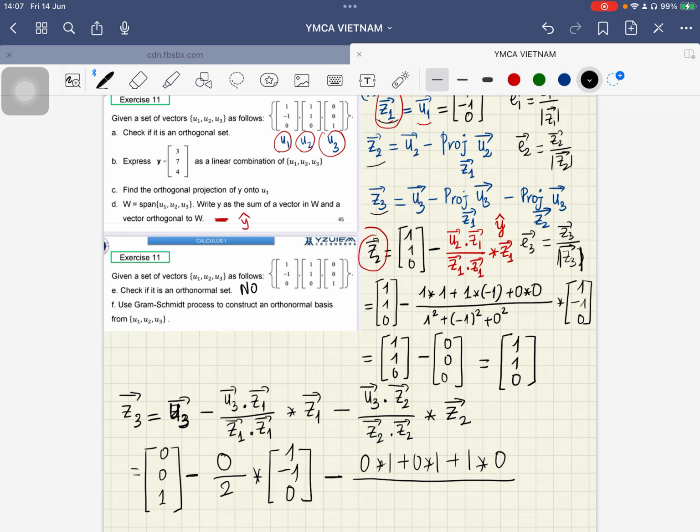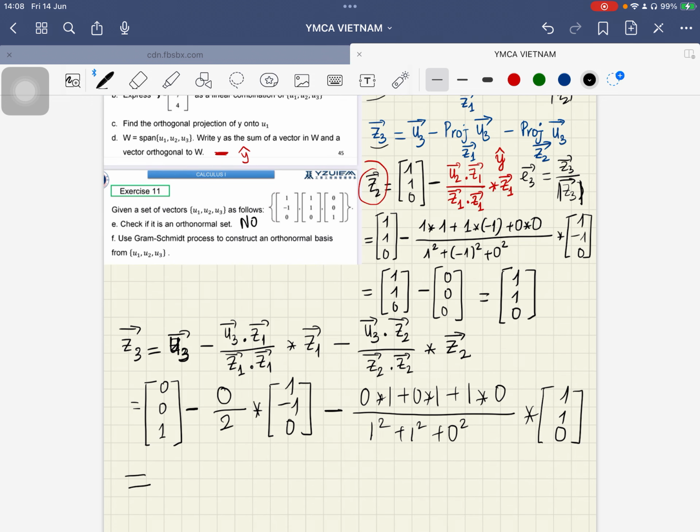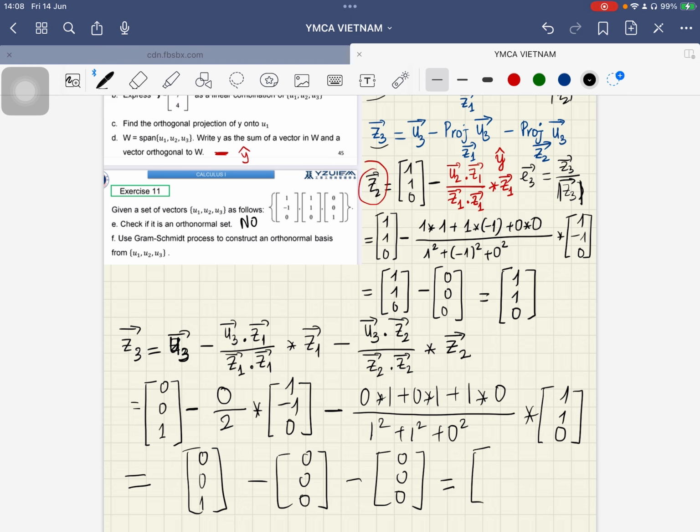So we have 1 square plus 1 square plus 0 square, multiplied by Z2. Z2 is 1, 1, 0. And here we see this one is equal to 0. This one is also equal to 0. So we will have 0, 0, 1 minus 0, 0, 0 minus 0, 0, 0. So the final answer is 0, 0, 1.